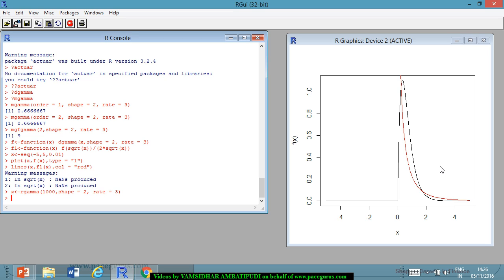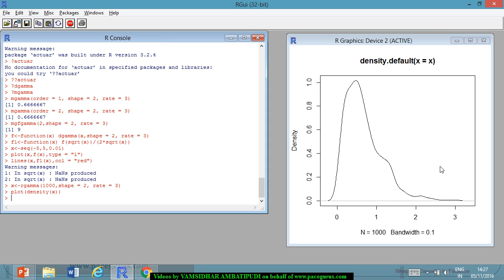Then if required, we can plot the density of x. So when I'm taking random values, this is how the gamma function is typically coming out.